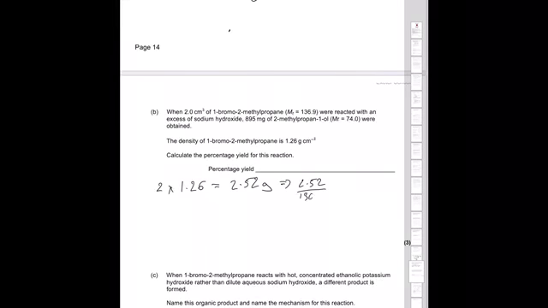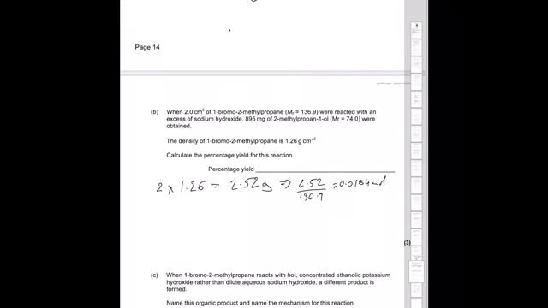We can divide that by the relative mass, which is 136.9. That should give us the number of moles of the 1-bromo-3-methylpropane. Okay, so that's what we should have got if 100% conversion.